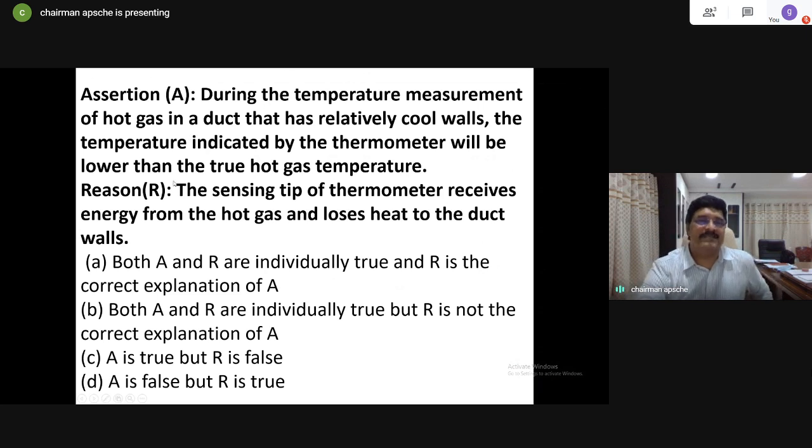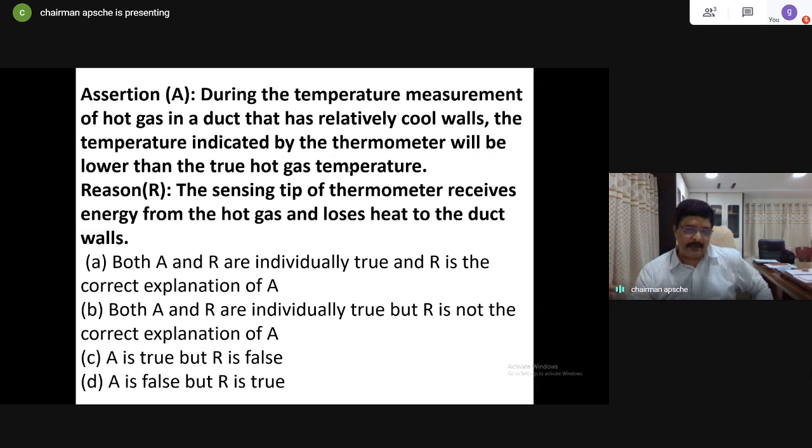Now an assertion and reason question. During the temperature measurement of hot gas in a duct that has relatively cool walls, the temperature indicated by the thermometer will be lower than the true hot gas temperature. The thermometer is at the cool wall, while the hot gas is flowing. The sensing tip of the thermometer receives energy from the hot gas and loses heat to the duct.